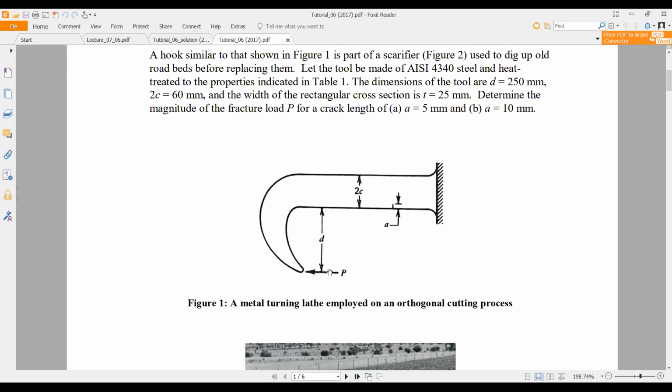So due to P load, this is under tension and bending. You can see if you transform these P loads here, it is under tension.